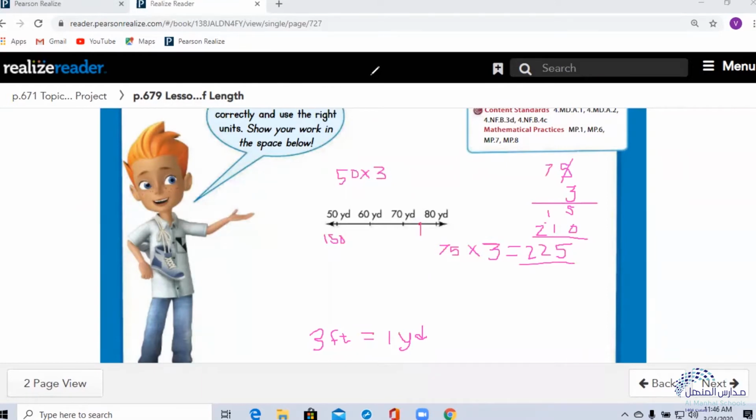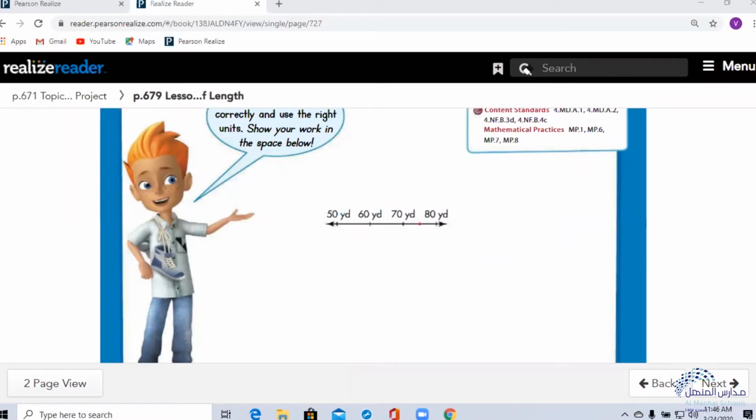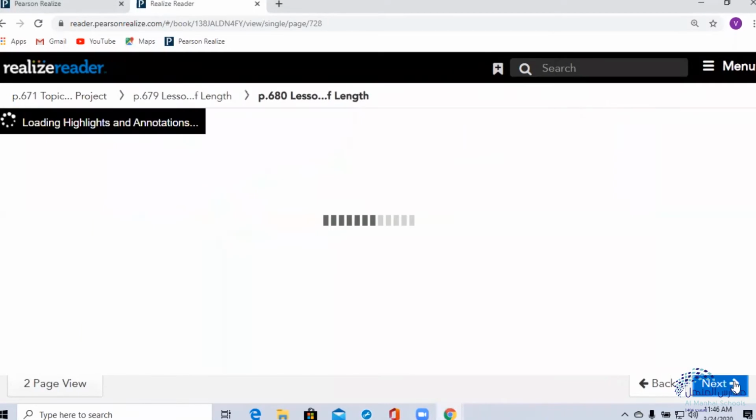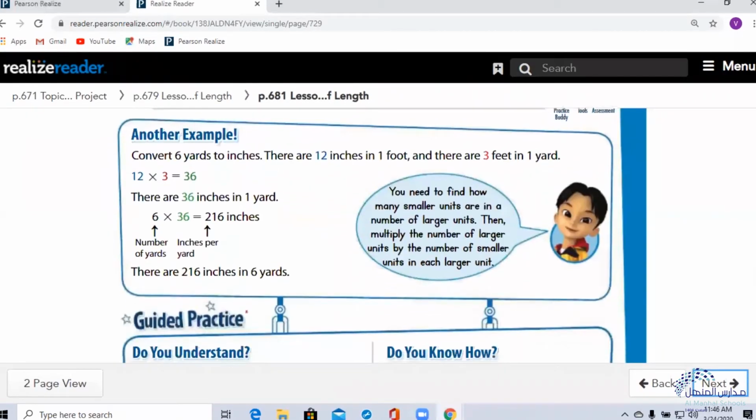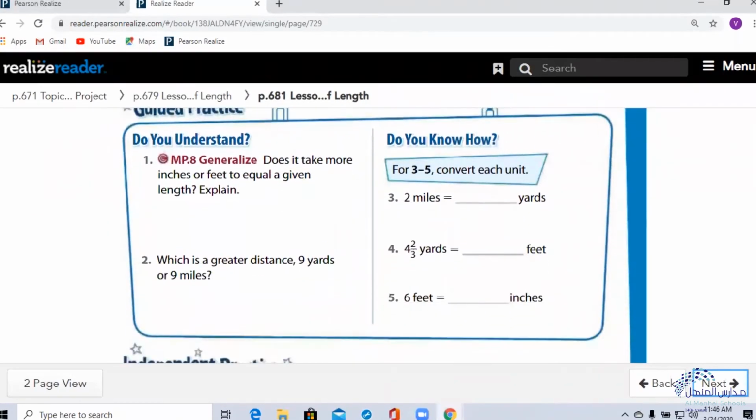Let's go to the next question. Page number 681. If I want to convert each unit, I need to look at the units that I've got. In this unit, I've got miles, and I need to take it to yards.